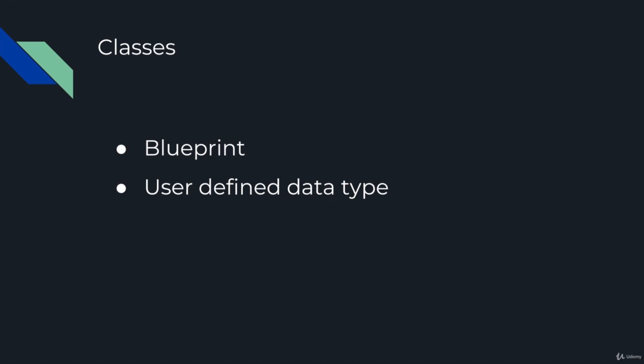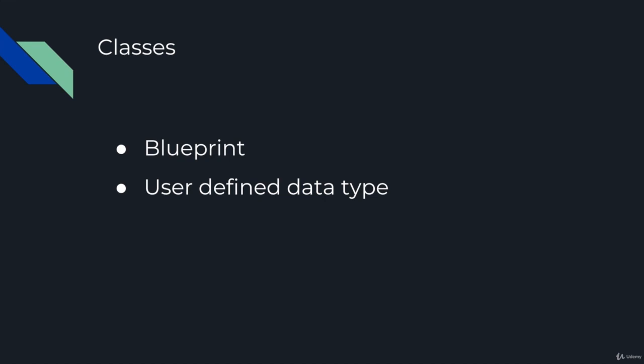Classes are also termed a user-defined data type. In Java we already used some primitive data types. We learned about them: integer, float, double, etc. Primitive data types have limited functionality, but if you want to build anything custom for yourself, classes are what help you define a user-defined data type in Java.